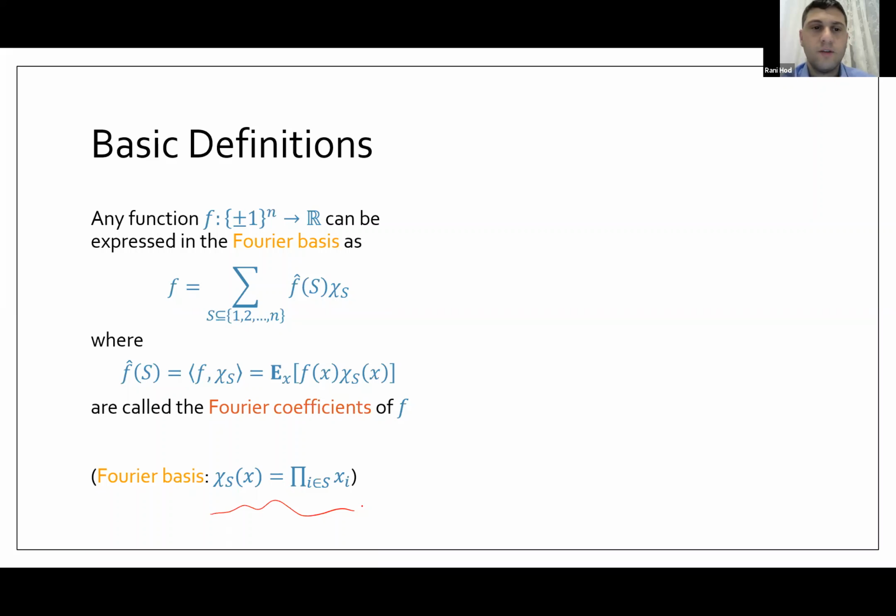This is just the expectation over the uniform distribution of the pointwise multiplication of the two functions. This is a vector space. It has dimension 2 to the n, so we need 2 to the n basis elements, and we label them by subsets of 1 to n. So this f hat of S is the coefficient of the basis element chi S.